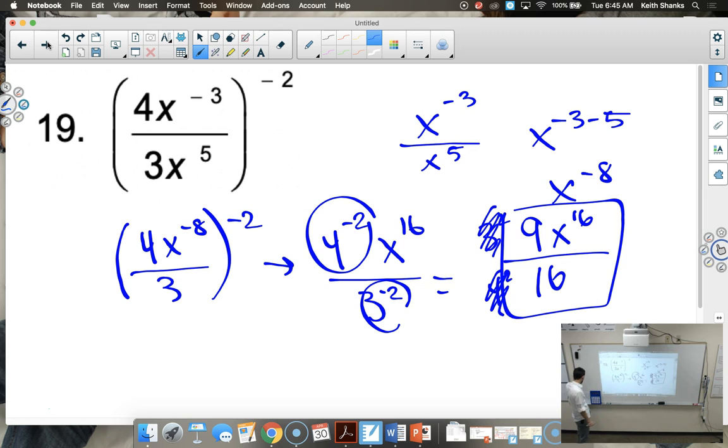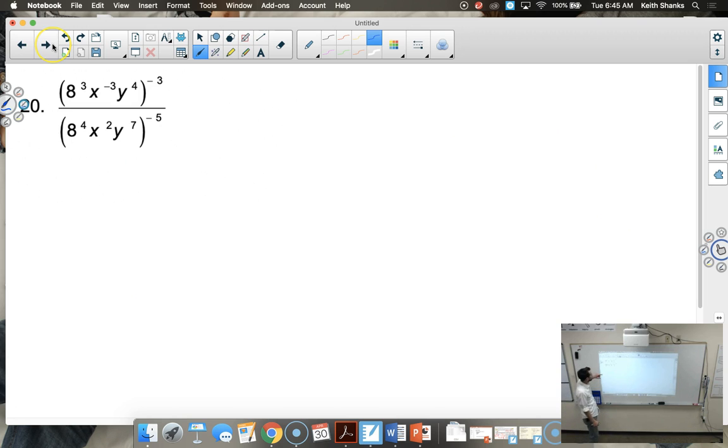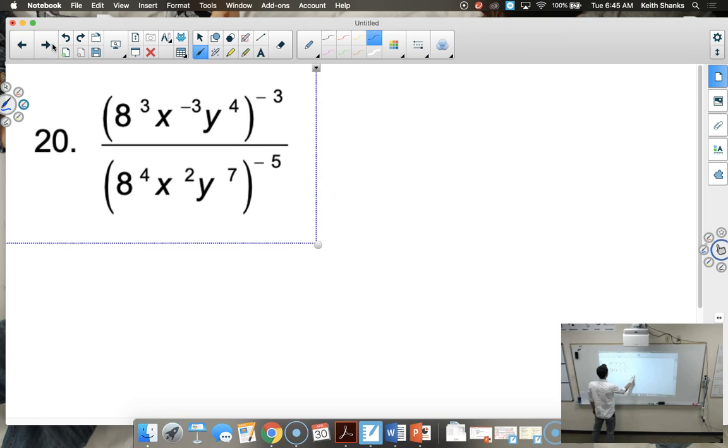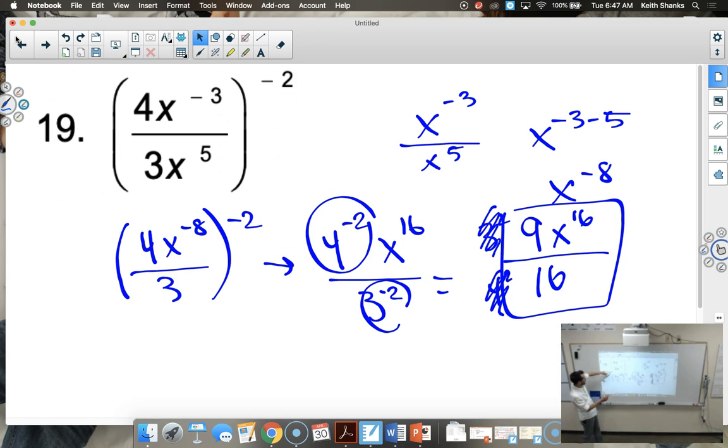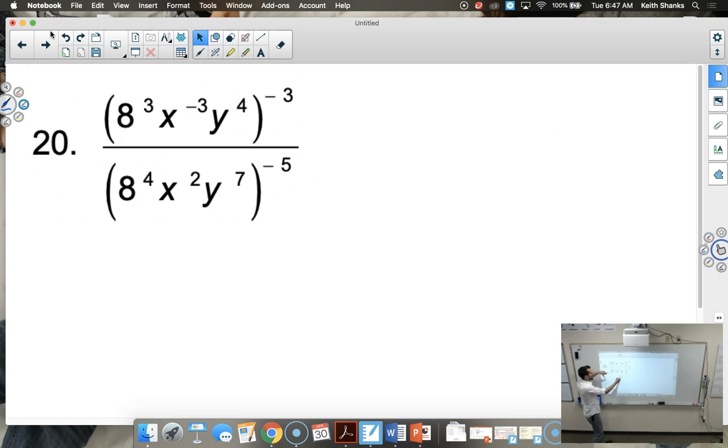All right. And the very last one, again, a little bit longer, but the same process. The difference on this one, I just want to show you really quick, is that here, these were all in one parentheses. These are not, so I can't cancel these out at all yet, which is a little bit unfortunate because I'd like to do that.